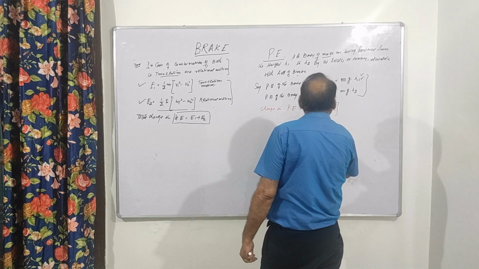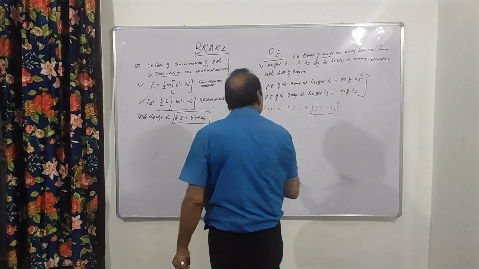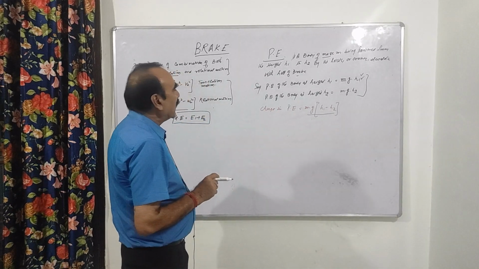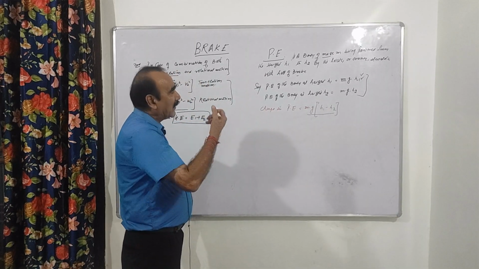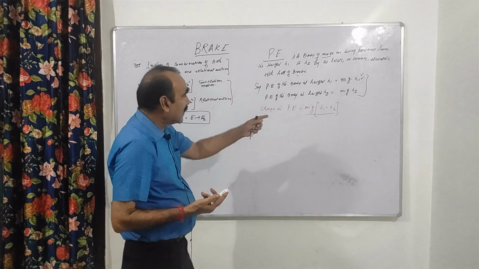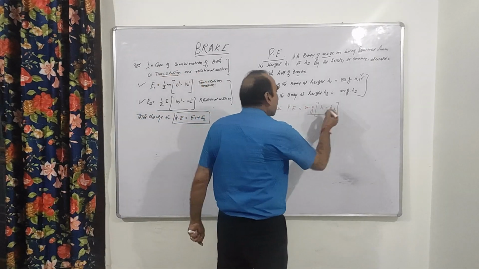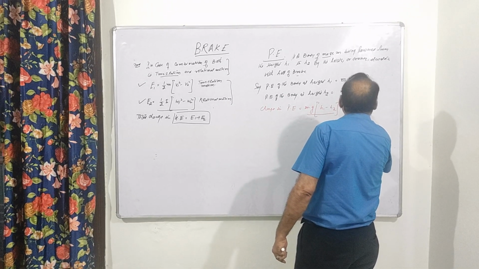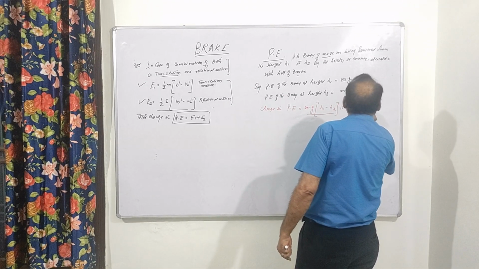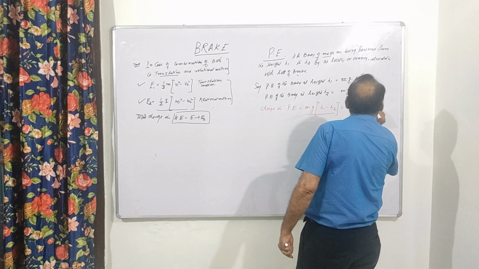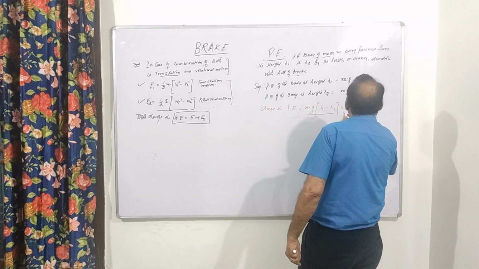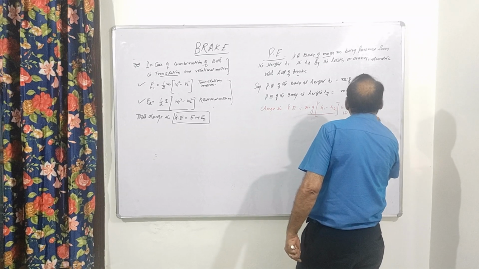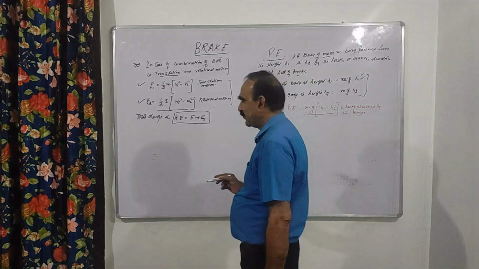So this is the potential energy which is given up by the body during the lowering process from height h1 to h2, and this much energy is being absorbed by the brake. Understood?